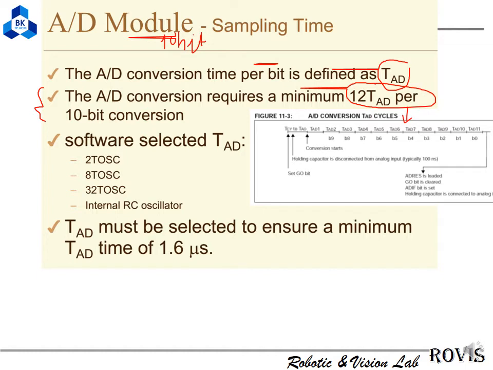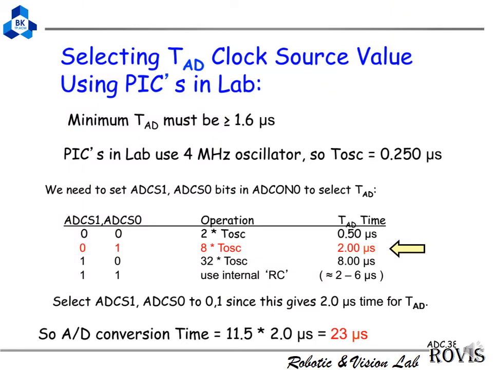So your task is to choose the TAD that is bigger than or equal to 1.6 microseconds. For example, if you use a 4 megahertz crystal, the TOSC is 0.25 microsecond.